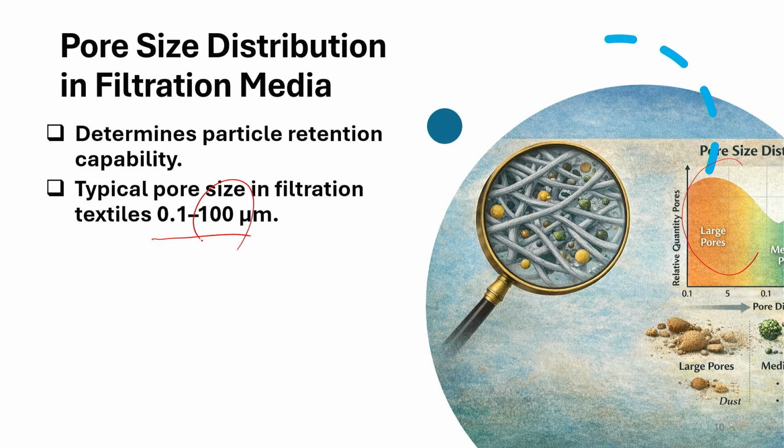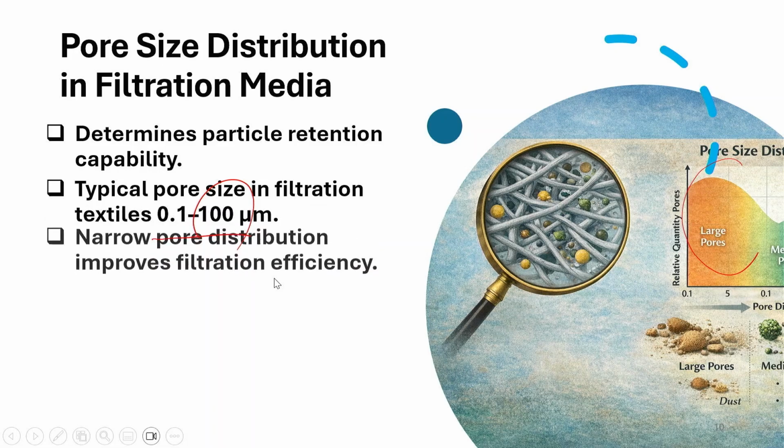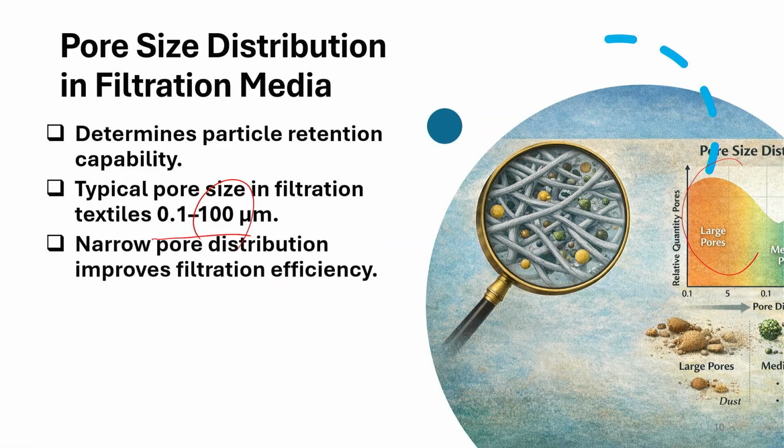Narrow pore distribution improves filtration efficiency. If the variability in pore distribution is very high, then filtration efficiency will drop.